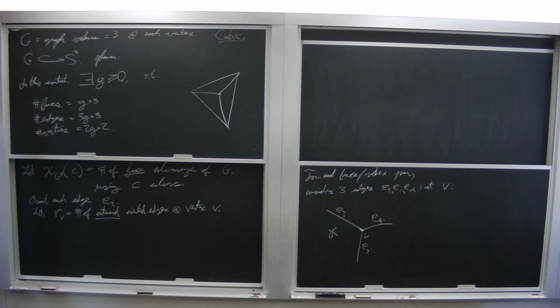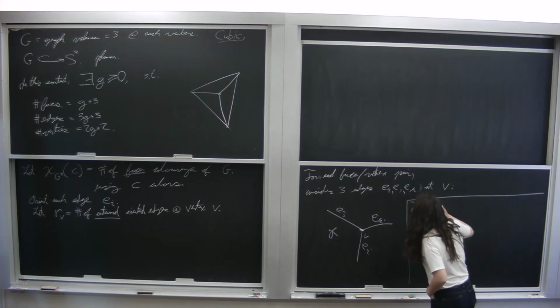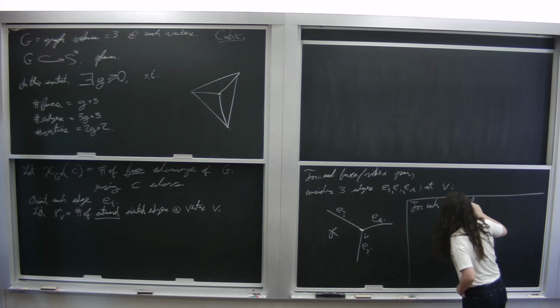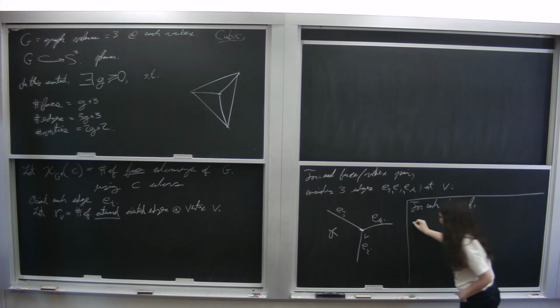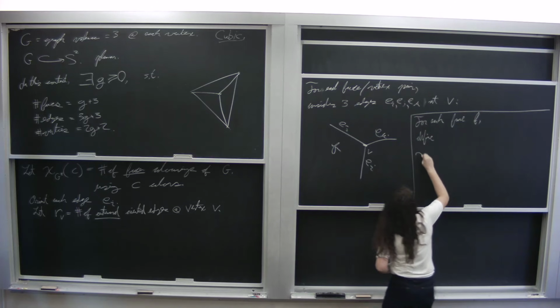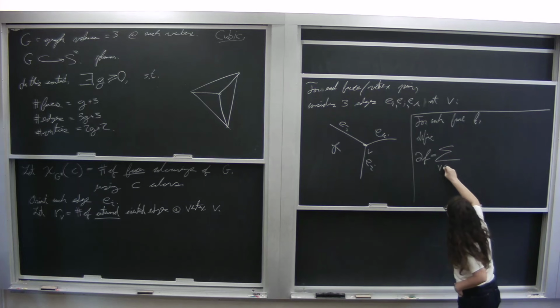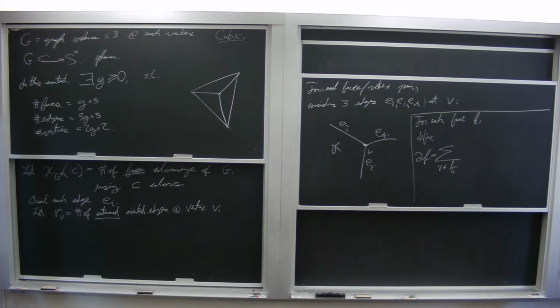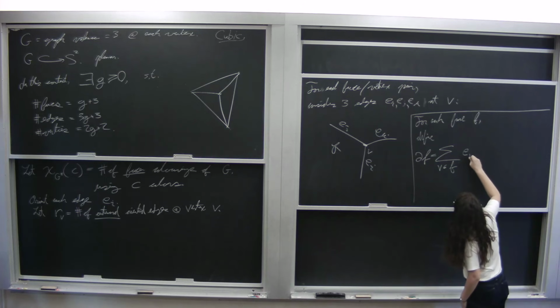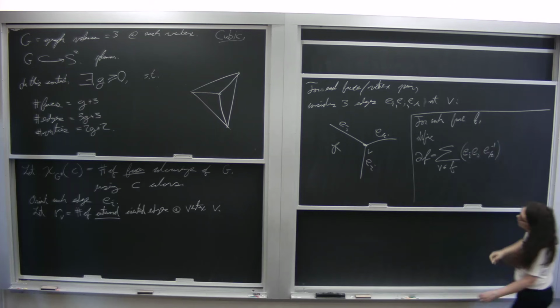Okay. All right. And so what I'm going to do then is, for each face F, I'm going to define del F to be equal to the sum over V in F of EI, EJ, EK inverse.